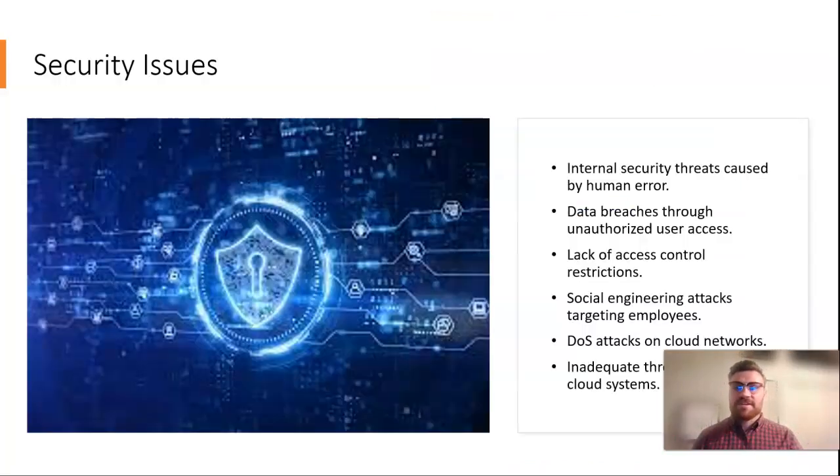Next, we're going to jump into our security issues, talking about novel systems and advanced or newer systems. Security threats that have been around forever are internal security threats caused by human error or human negligence. They're always going to be around, and that can all come down to a lack of training or simply ignorance.